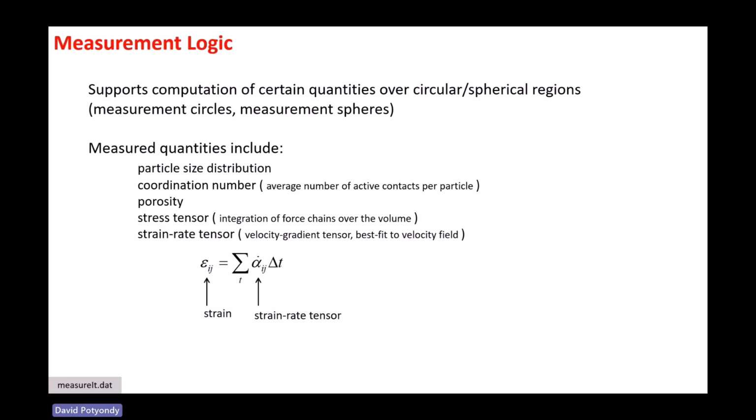We're going to put a measurement region inside the middle of our sample, and we're going to keep asking it for the stress. And then we're going to also have a little fish function that keeps asking it for the strain rate tensor and keeps multiplying and summing up, and we're going to get a strain. And we're going to see that these measures are pretty good. These are averaged quantities of these force chains and of these velocity fields.